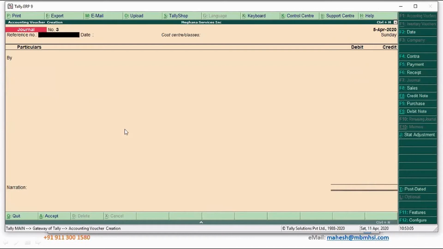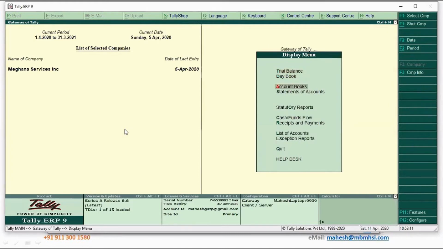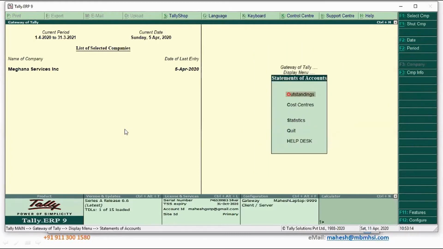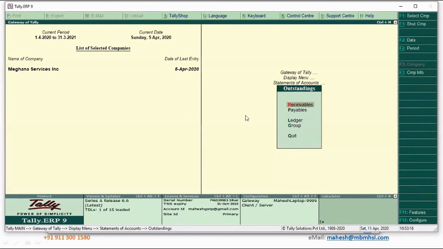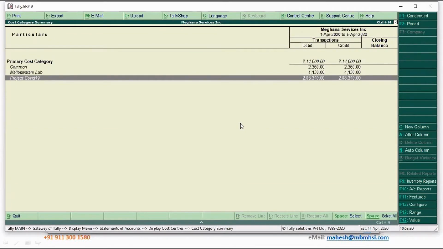Once you're doing it like this, you could go and look at the report. There are auto allocations that are going to automatically happen, so you need not worry about the allocation details. So how does this allocate? See here the cost center: you could look at common allocation, Malleshwaram lab, COVID project.